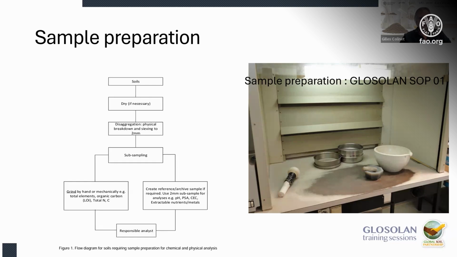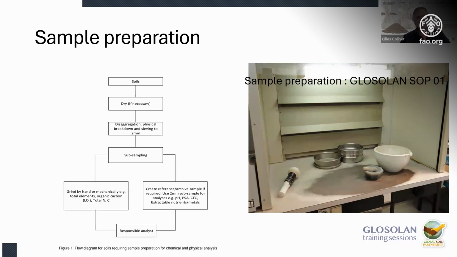The disaggregation is the physical breakdown of the aggregates, and you have to sieve to 2 millimeters because most of our procedures with the soils are based on the fine earth, which is the soil under 2 millimeters. All the parts that are above 2 millimeters are considered as stones.